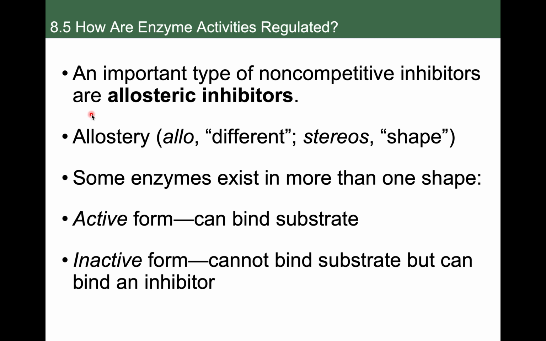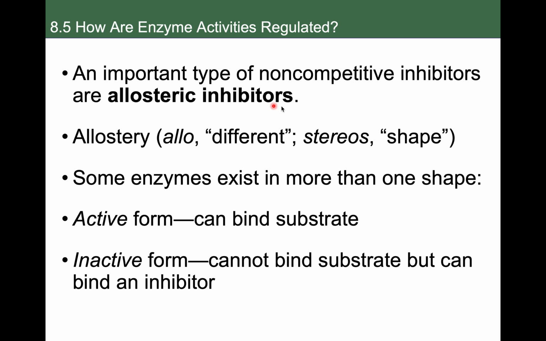And so what does this mean? Well, this term allostery literally translates as different shapes. So these are enzymes that can exist in usually two different shapes: an active shape, where the enzyme can bind to a substrate, catalyze the reaction, and then an inactive shape where it can't.